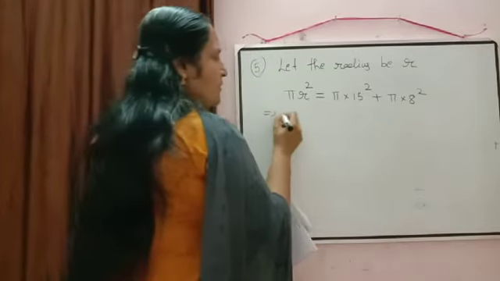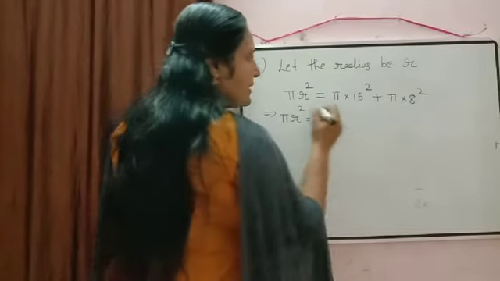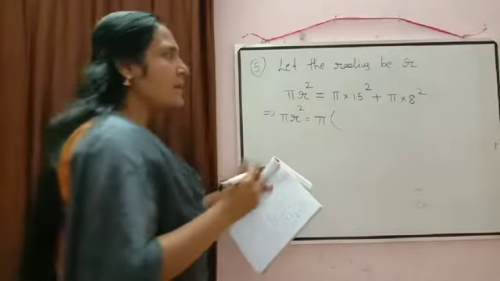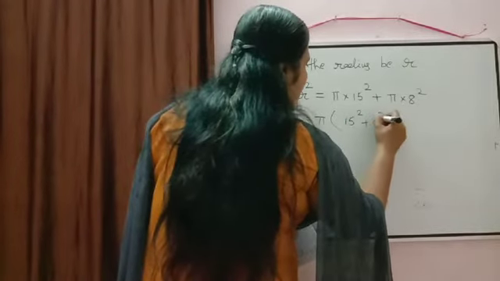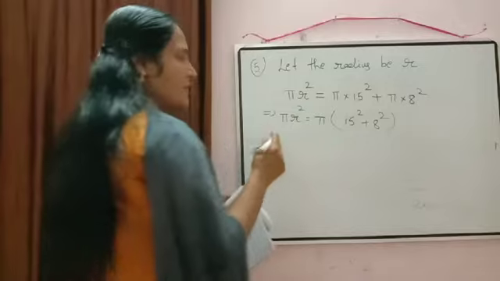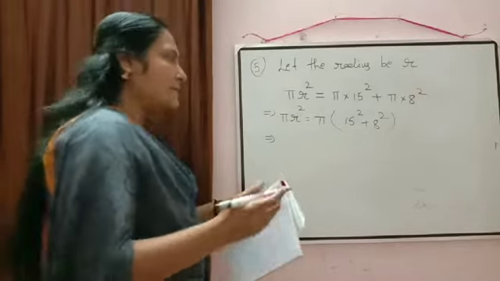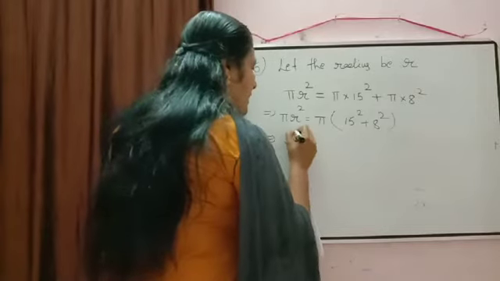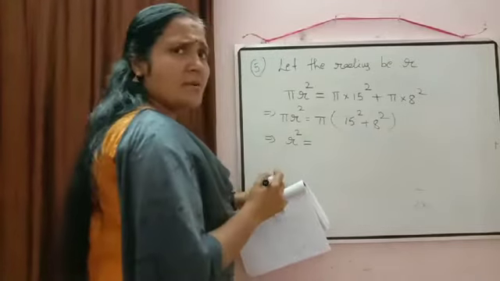Now again we will take the common factor outside. Pi taken outside. Inside the bracket what is remaining here? 15 square plus 8 square. Again, as we did in the previous one, pi and pi will get cancelled. So remaining, r square is equal to, what is 15 square?